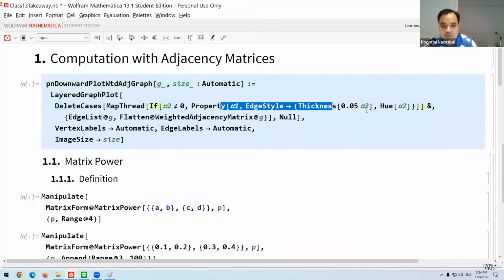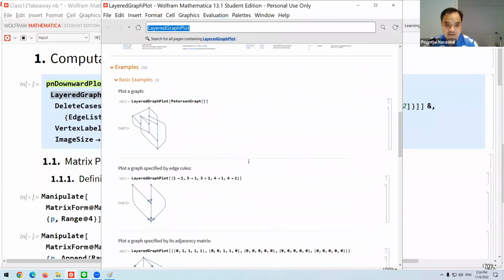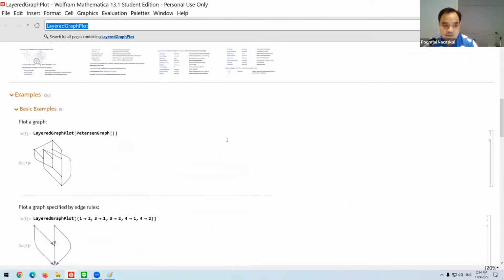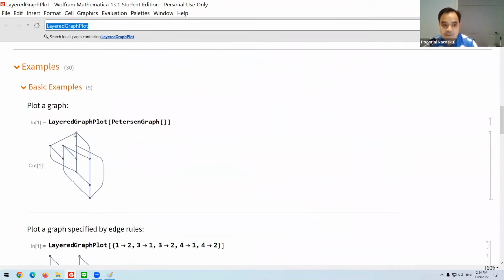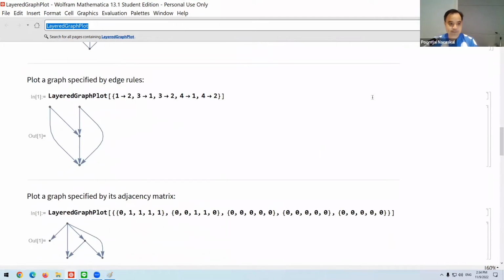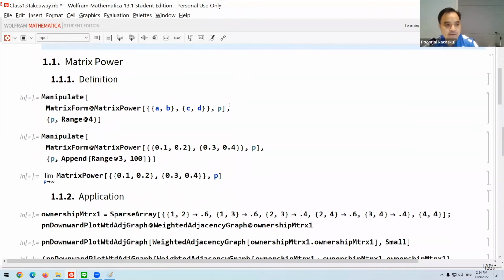So this is all formatting. Basically it's what's called layered graph plot. So if I press 1, that's what this is, just layered graph plot. You can imagine that this is what I want to do, except I want to represent it hierarchically, with colors or thickness of the arrow representing how much weight. So no big deal. You can just use layered graph if you don't want to worry about this.